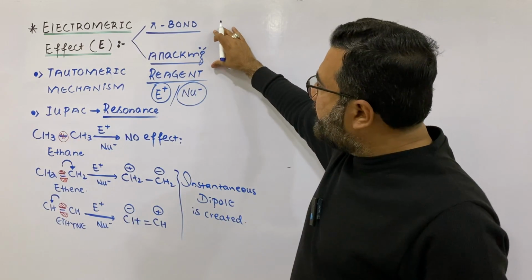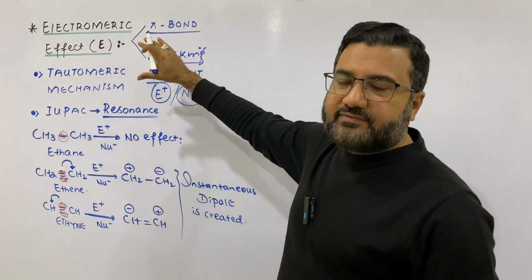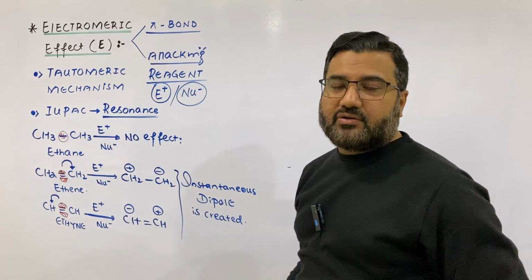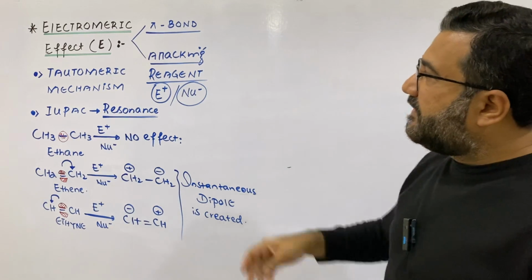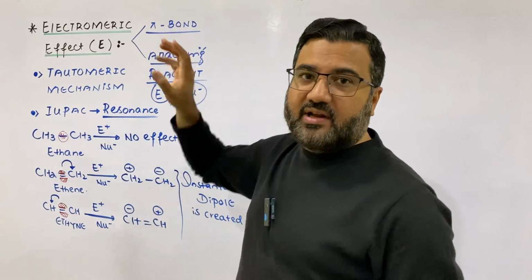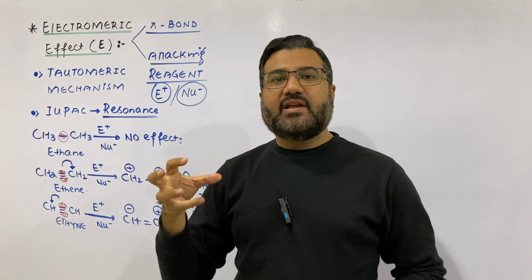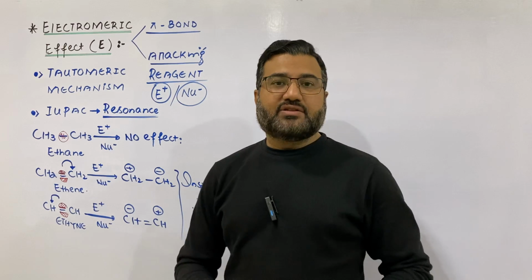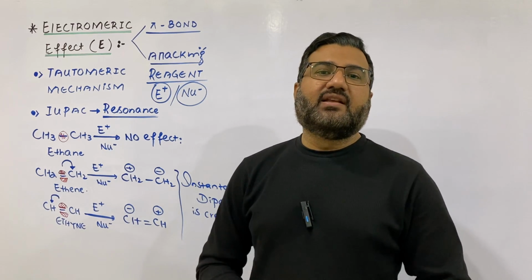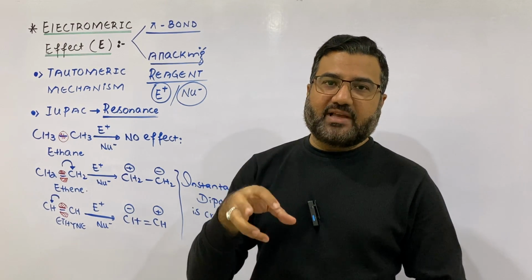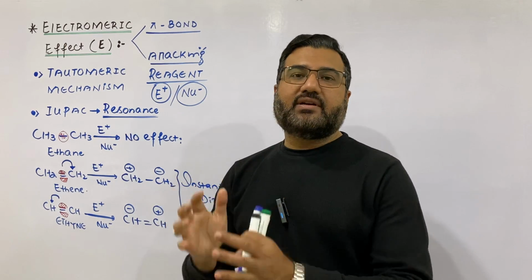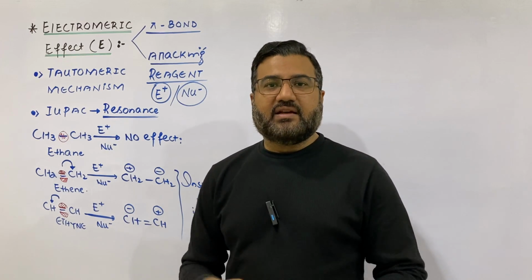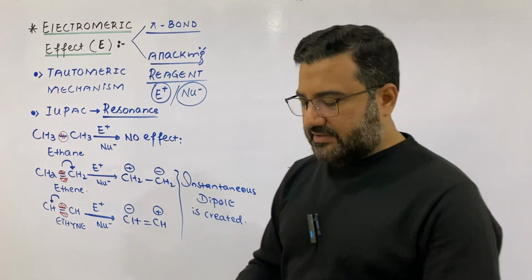If both these conditions are fulfilled, then you will observe the electromeric effect. If either is not fulfilled, it cannot be observed. The pi bonds need not be conjugated, as was the condition in the mesomeric effect. In the mesomeric effect an unsaturated conjugated system is required, while in the electromeric effect only a pi bond should be present. Conjugation is not a condition.